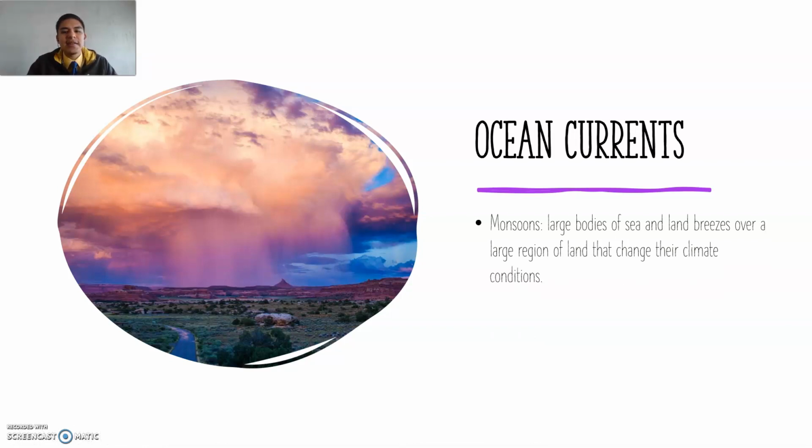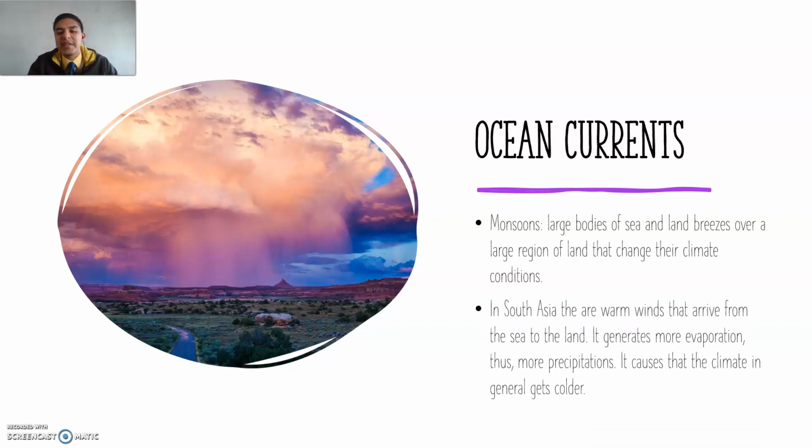They are large bodies of sea and land breezes over a large region of land that change its climate conditions. So basically, a monsoon is a huge cloud with a lot of rain that only takes place at certain locations and that constantly moves because there was a drastic change in the weather conditions, in the climate conditions, let's say.